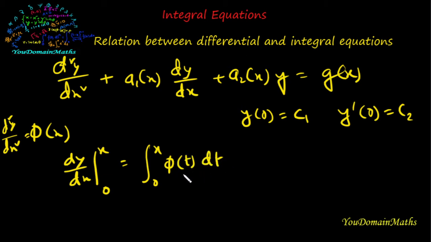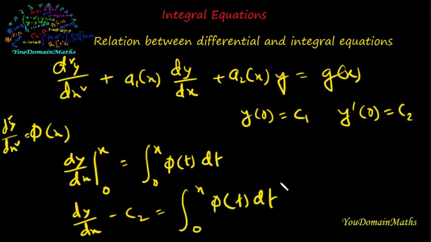We use a dummy variable and change the dummy variable. Putting x equal to 0, that means y dash of 0, we get y dash of 0 equal to minus c2, plus the integral of phi of t dt.